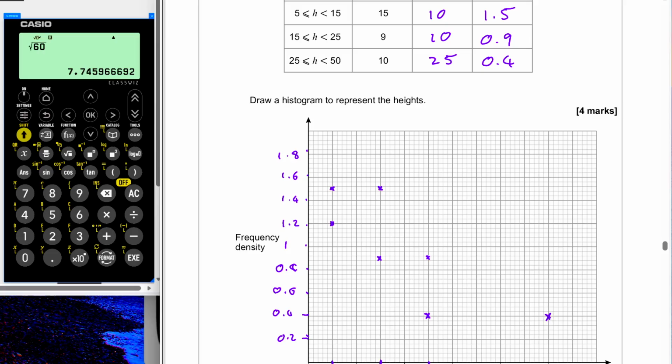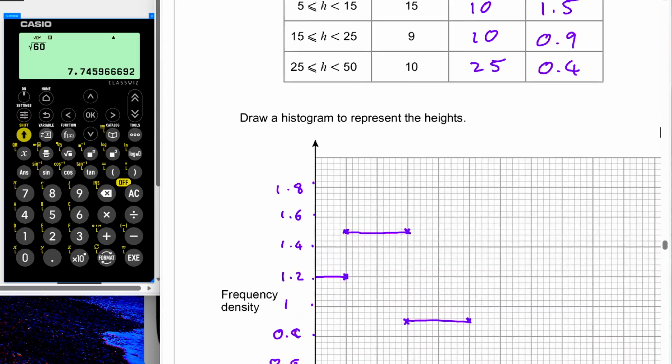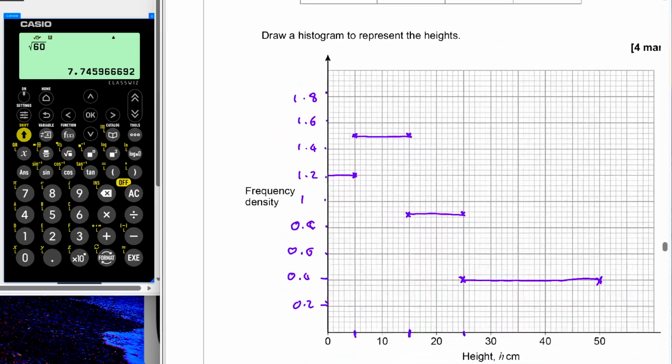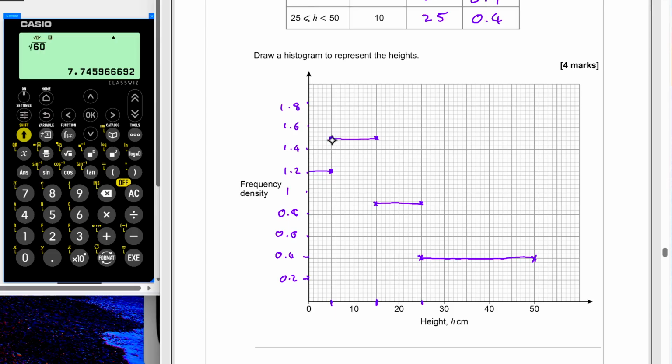Right, we'll get our ruler out now, and then hopefully we've set ourselves up nicely. Ooh. My hand's getting in the way.